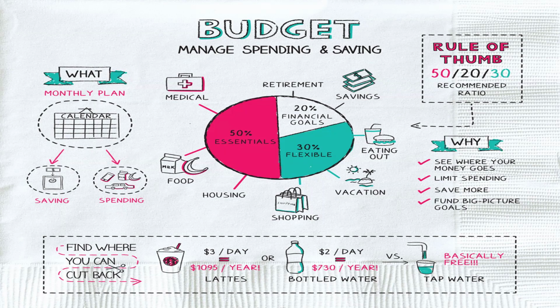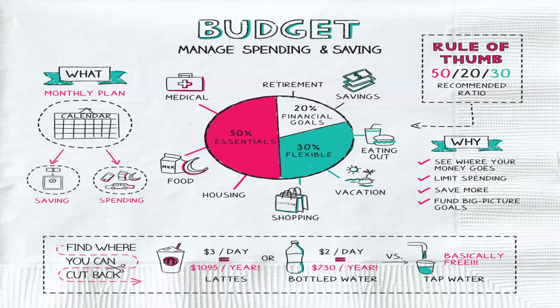And of course, if you're looking directly at my screen, you will find that you are seeing a slide. This slide breaks down the budget for you. Here you have to manage your spending and also manage your saving.